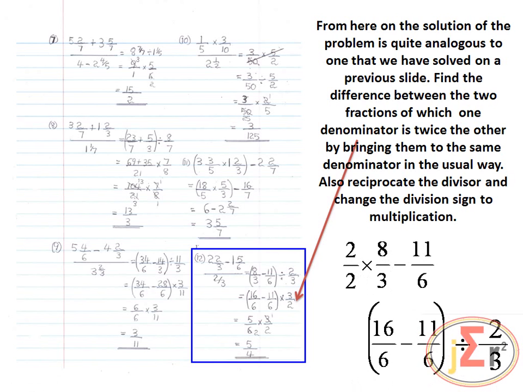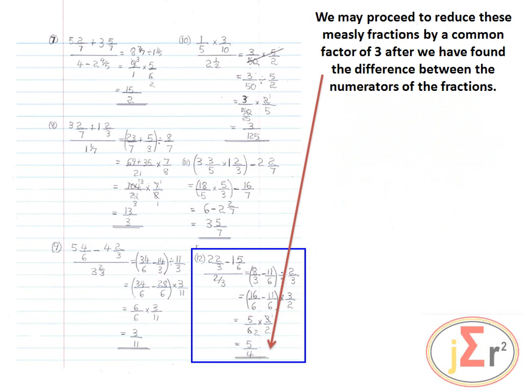And then we do the reciprocal of the divisor and replace the division sign with a multiplication sign. We may proceed to reduce these measly fractions by a common factor of 3 after we have found the difference between the numerators of the fractions.